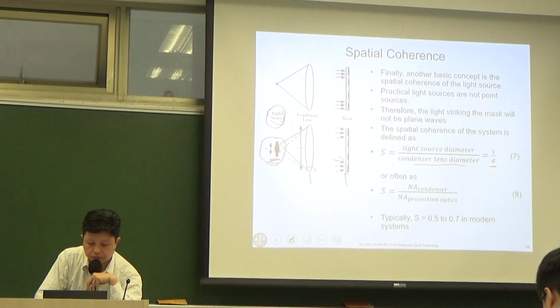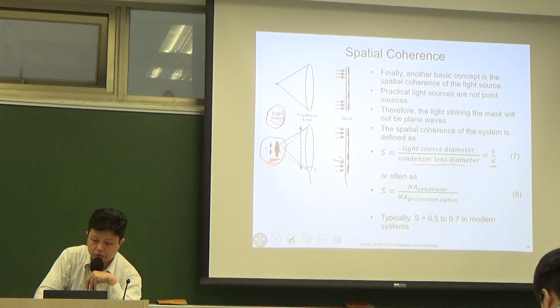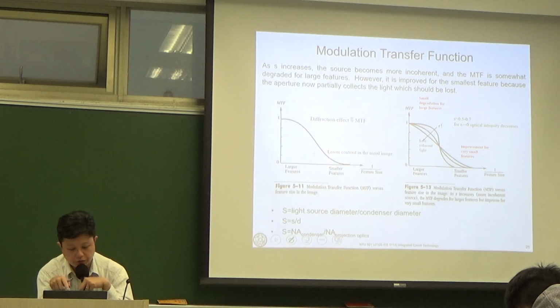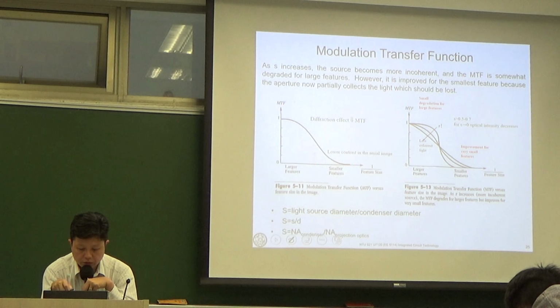Okay, but this is not a bad thing. This spatial coherence is not a bad thing. As we can see from these simulation figures, if you increase your light source diameter, then you become less coherent, and this MTF somehow will degrade for large features.